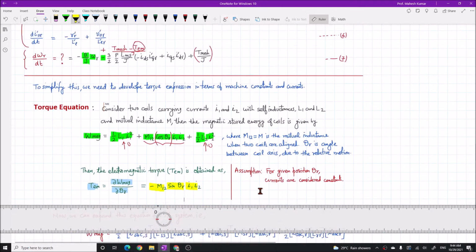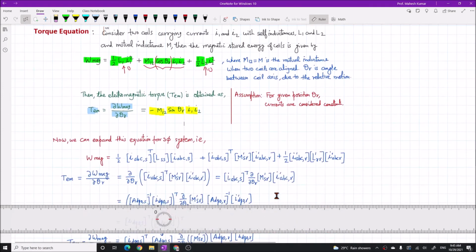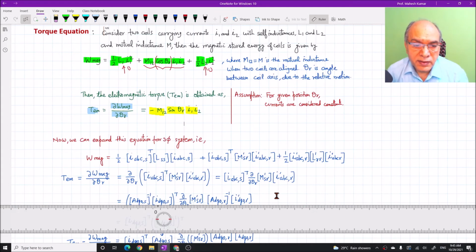If we have many currents, for a 3-phase system we have 3-phase currents. In that case the stored energy in the magnetic field becomes, see it very carefully, half IABC transpose LSS, the stator side self-inductance matrix, and IABC.